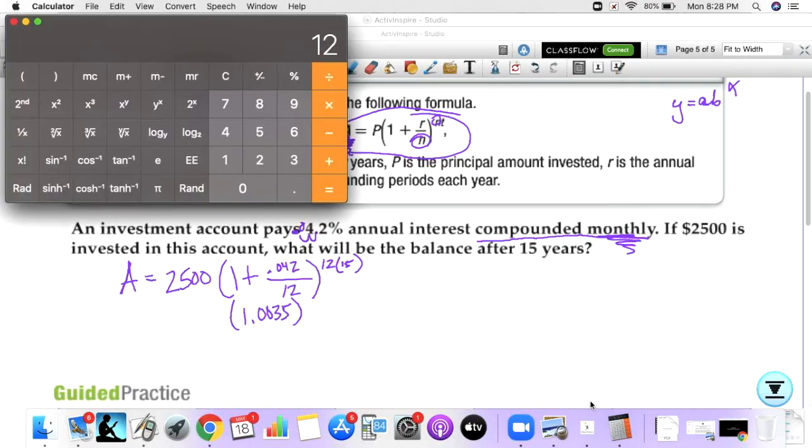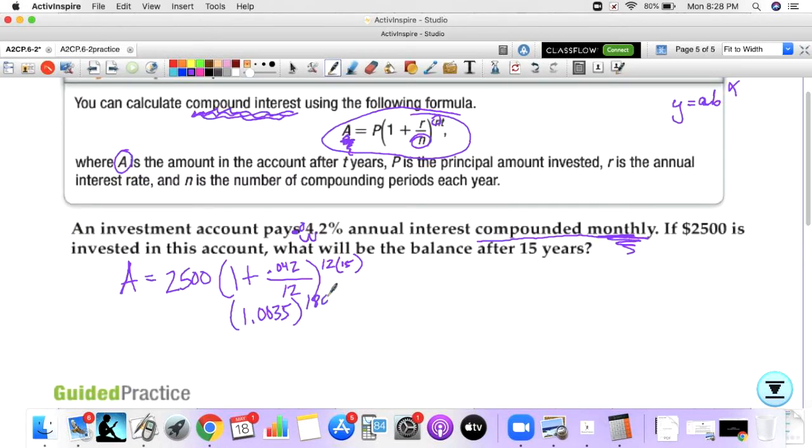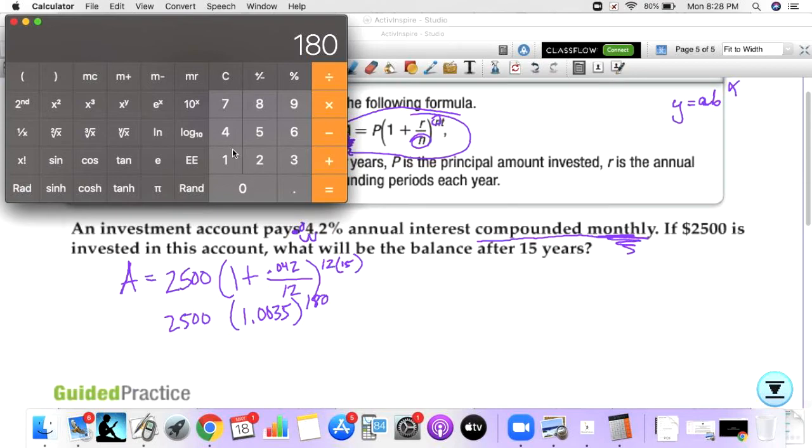So 12 times 15, 180. So I'm going to do this part next, and then I'm going to times it by 2,500. So 1.0035. I'm going to raise it to the 180th power.